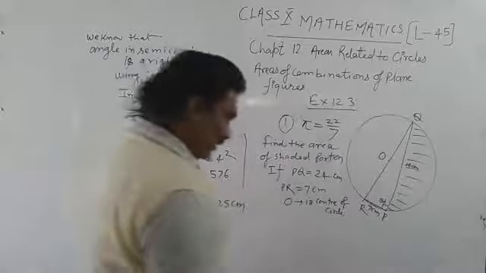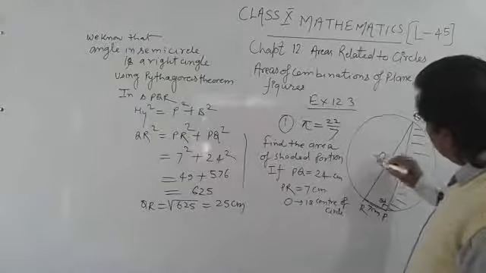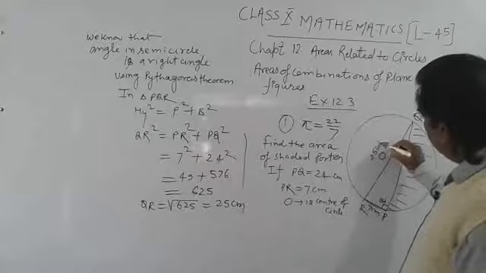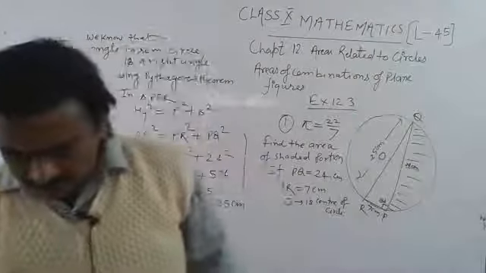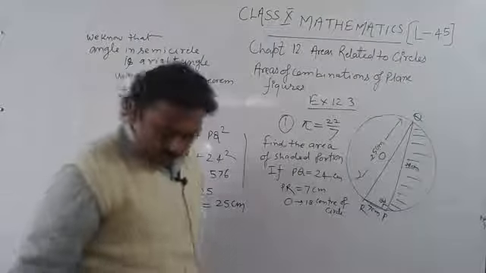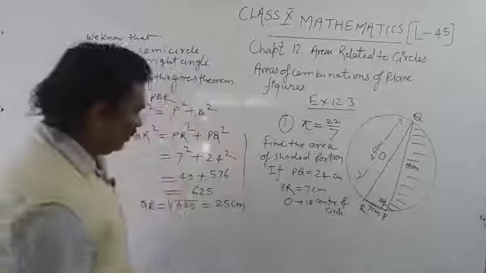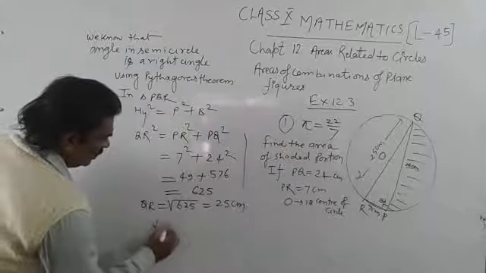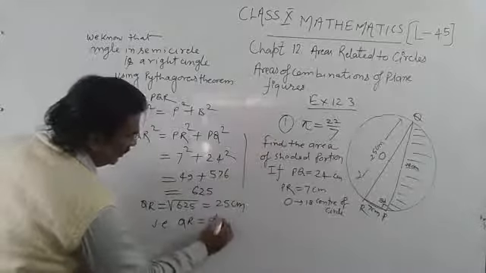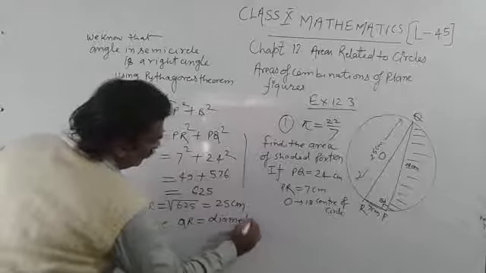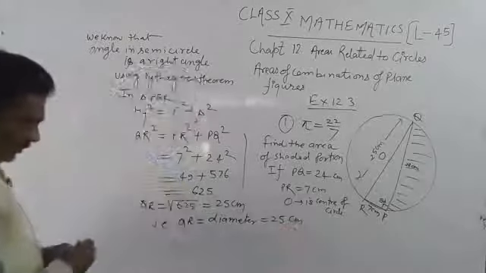So, students, here we have QR, that is 25 centimeter, and this QR is nothing but the diameter of the circle. Okay, students, write this.